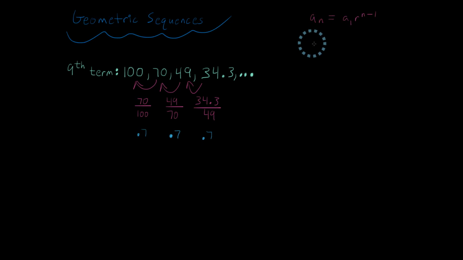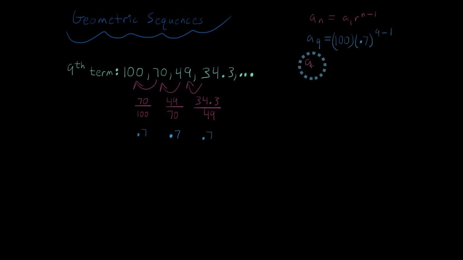So now I have a sub n, and we're looking for the value in the 9th term. So a sub 9 is equal to a sub 1, where the value of a sub 1 is 100, times my common ratio, which is 0.7, raised to the power of n minus 1, or 9 minus 1 in this case.